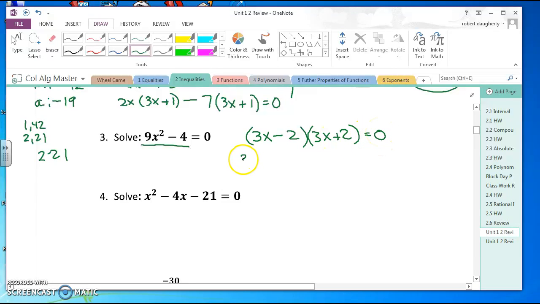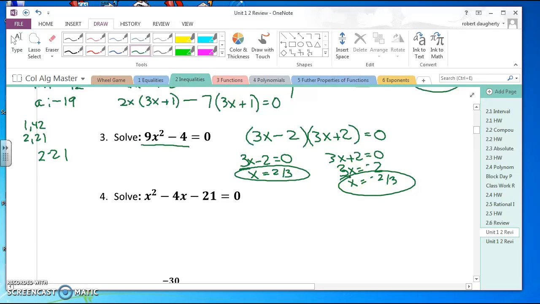Set each of those equal to 0. When 3x minus 2 equals 0, x equals 2/3. And when 3x plus 2 equals 0, x equals minus 2/3. So those are my solutions, 2/3 and minus 2/3.